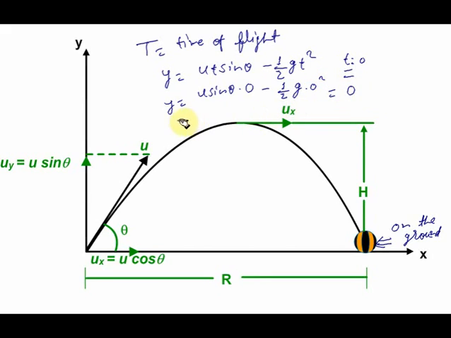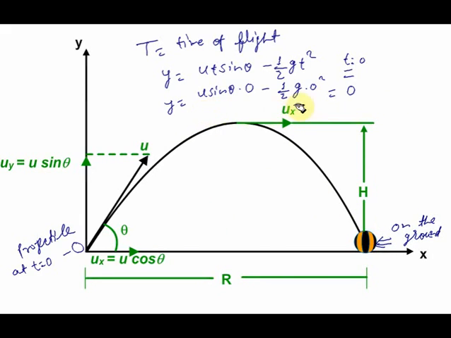So at time t is equal to 0, the displacement along y direction is 0, which can be seen from here. At time t is equal to 0, the projectile is here. This is our projectile at t is equal to 0.